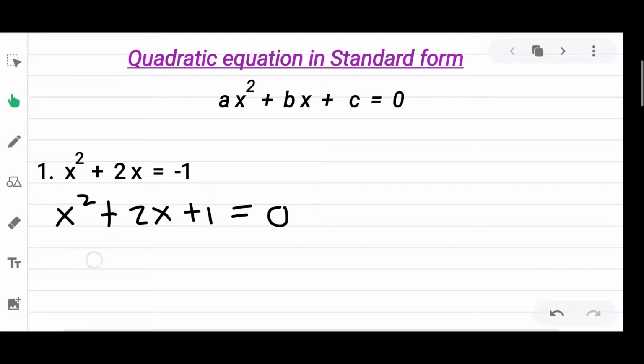And now, it is easier for us to identify the values of A, B, and C. And what is that? Ang value ng A natin dito ay 1, which is the numerical coefficient of x squared. Well, the value of B is 2, yung numerical coefficient ng x. And our C is the constant, which is yung number lang. That is positive 1.